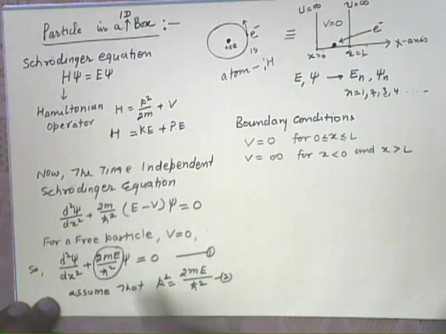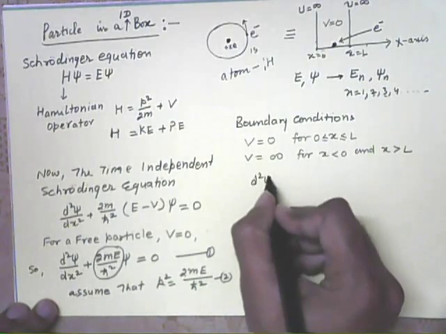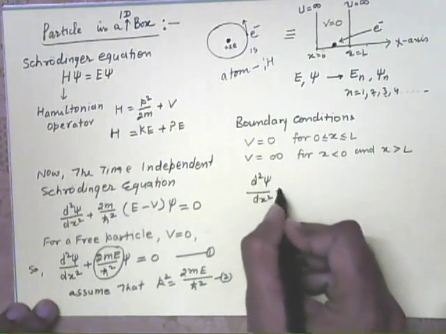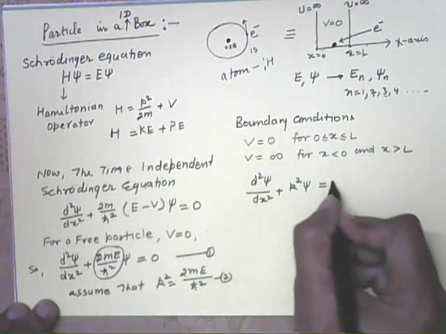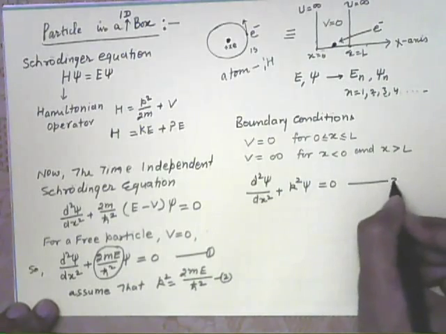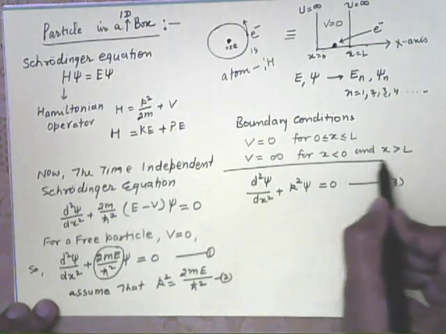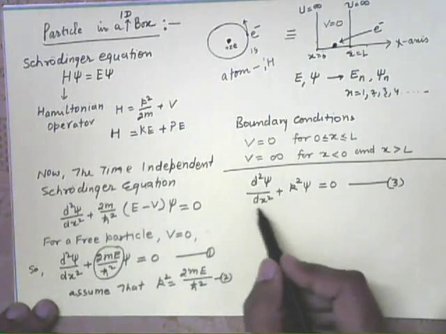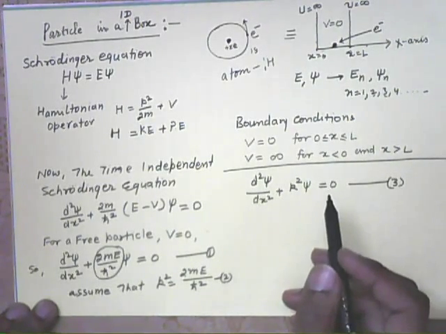So now the first equation becomes d2 psi upon dx square plus k square psi is equal to 0. Now it is clear that this is a second order differential equation.